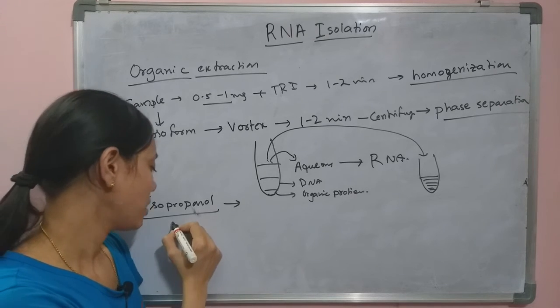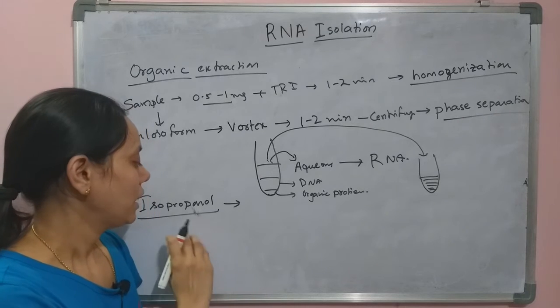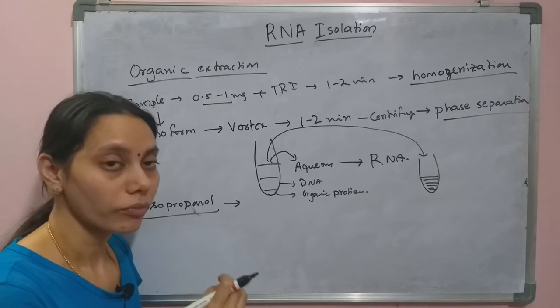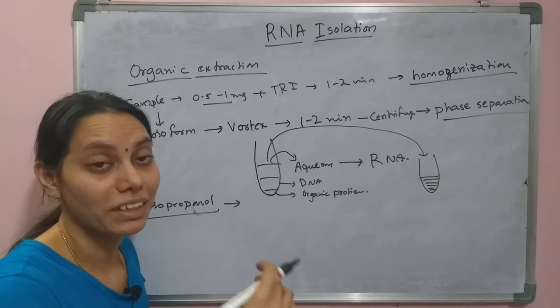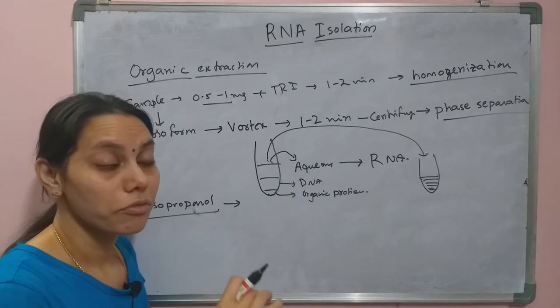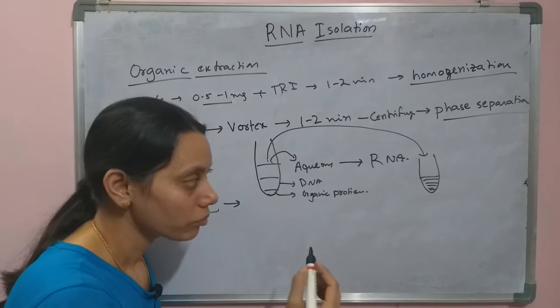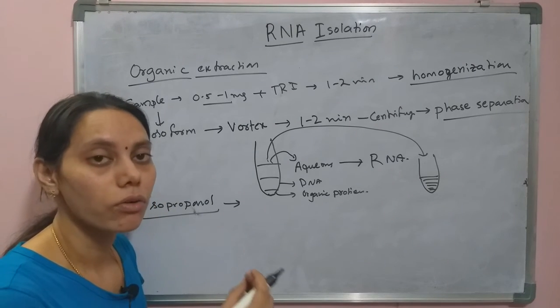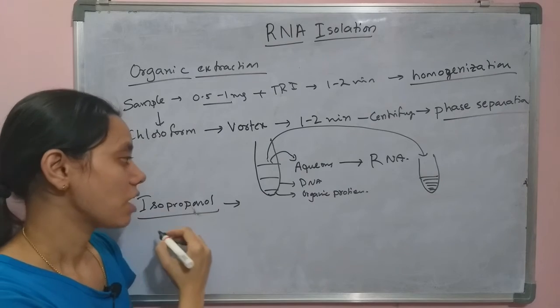It has the property of concentrating or precipitating nucleic acids, or decreasing their solubility, when they are in very low concentration. So if the nucleic acids are at low concentration in the solution, first you need to go for isopropanol.